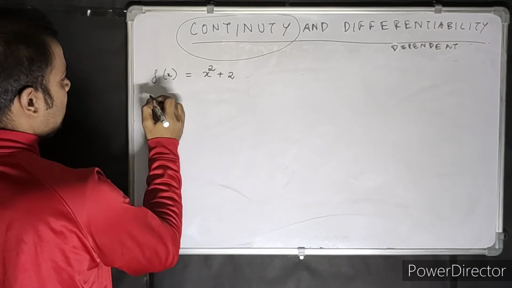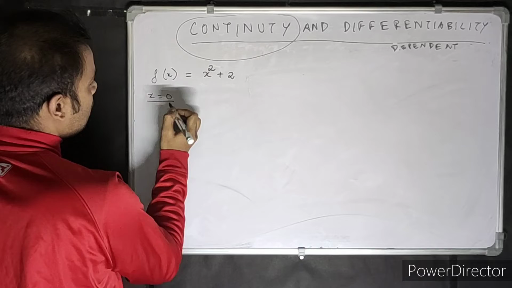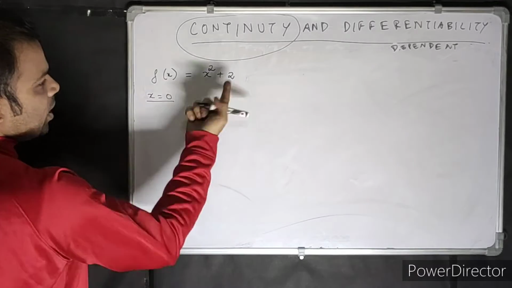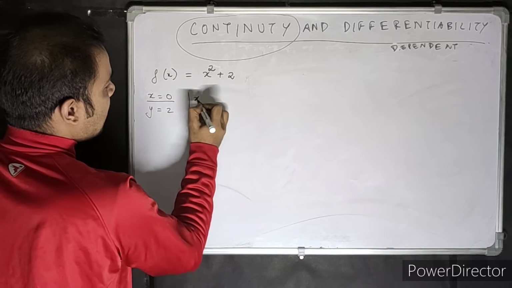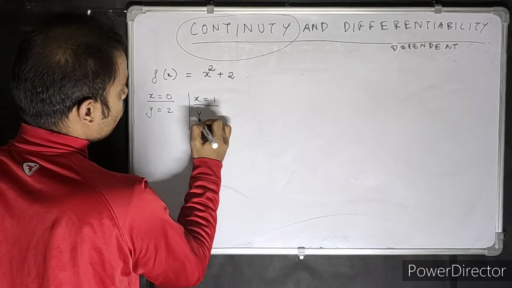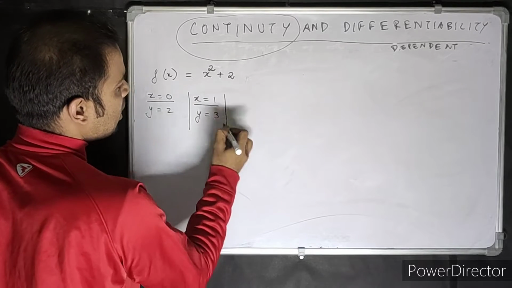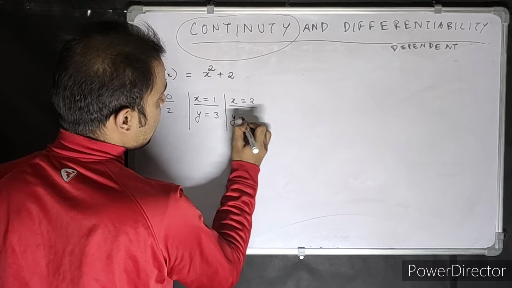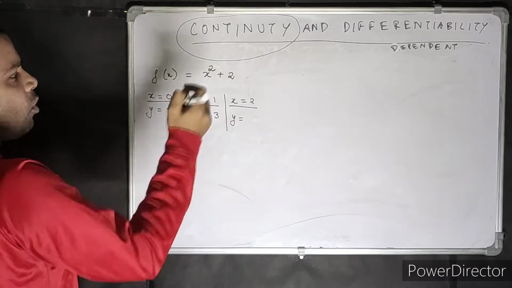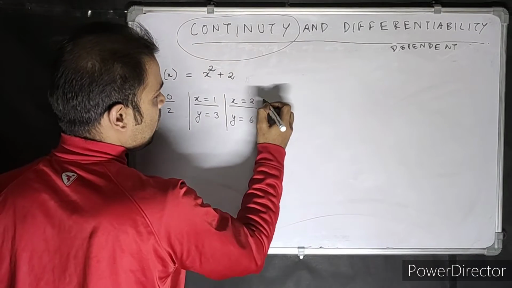If I put x equal to 0, then what do I get? 0 square is 0, plus 2, so y is equal to 2. Then I put x equal to 1, then I get y equal to 3 because 1 square is 1. If I put x equal to 2, then y I get what? 2 2s are 4, plus 2 is 6. Y is 6.